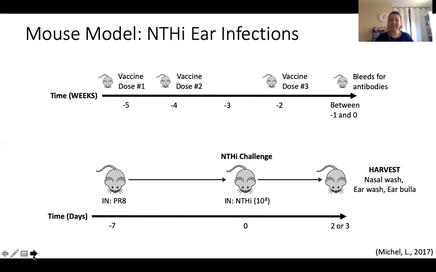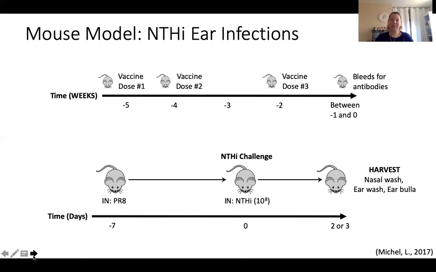So 5 weeks before they were infected, they got their first vaccine. A week later, they got their second dosage. And then 2 weeks after that, they got their last dosage. Those mice were then left for about a week or 2. And after 2 weeks, they had some blood samples removed, so that we could test the amount of antibodies present in their body against these vaccine candidates.